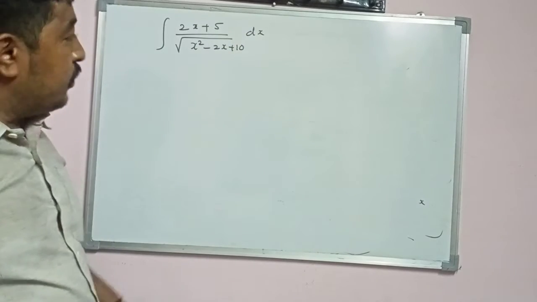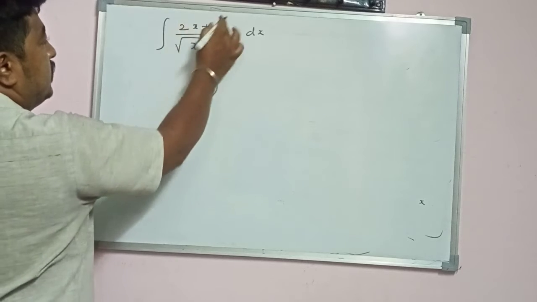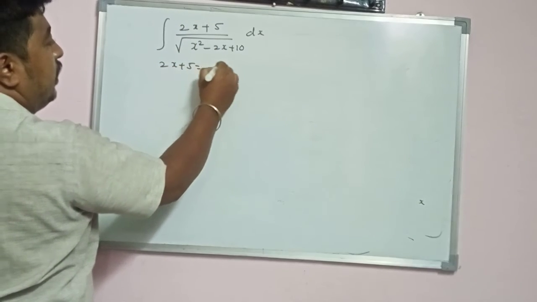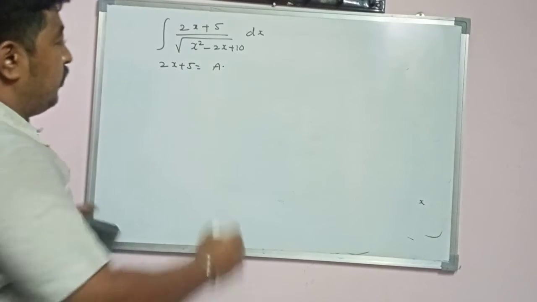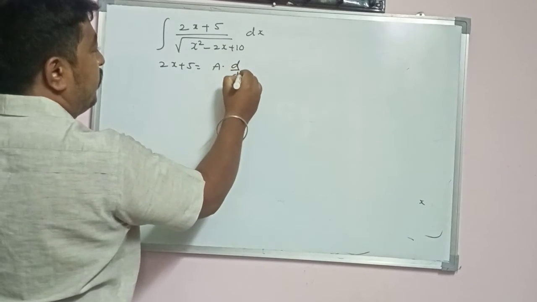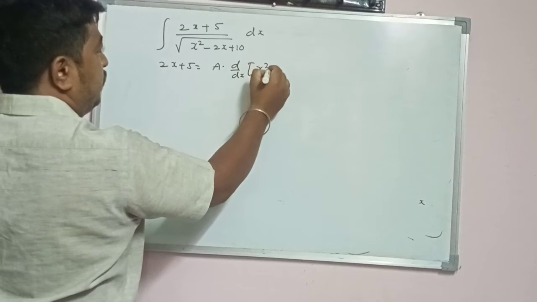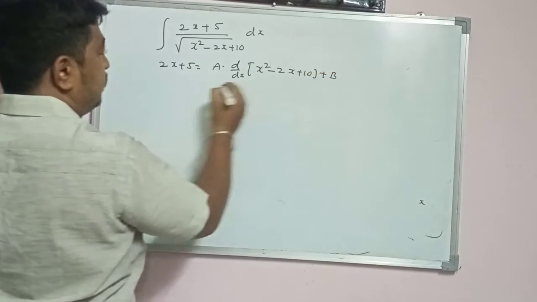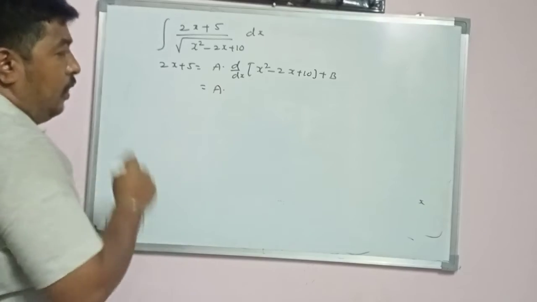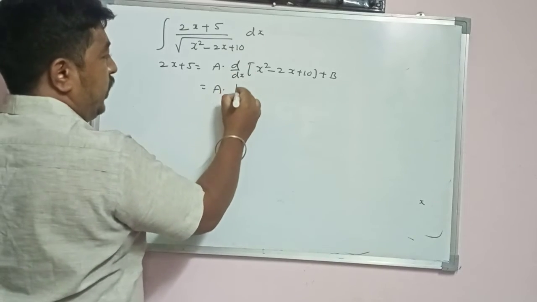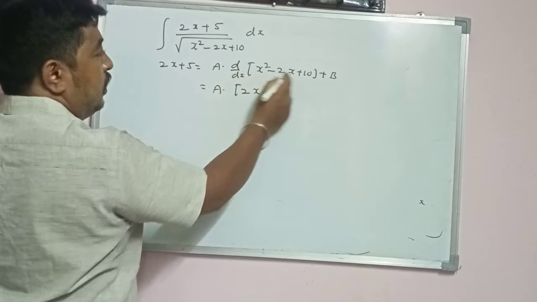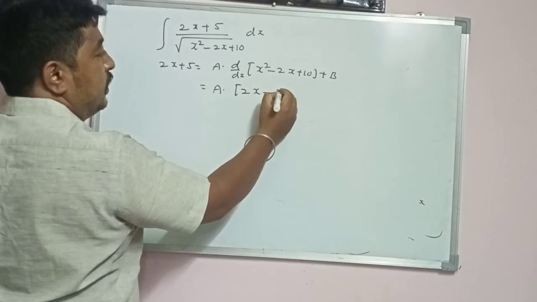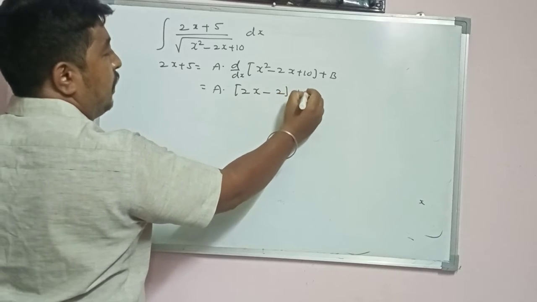Now you want to find the same condition here also, we can apply. 2x plus 5 is equal to a into d by dx of x square minus 2x plus 10, plus b. The derivative of x square is 2x, and the derivative of 2x is 2, so that is a into 2x minus 2 plus b.